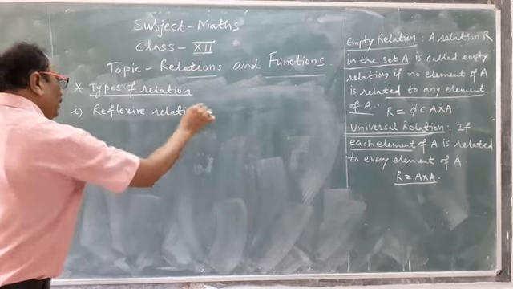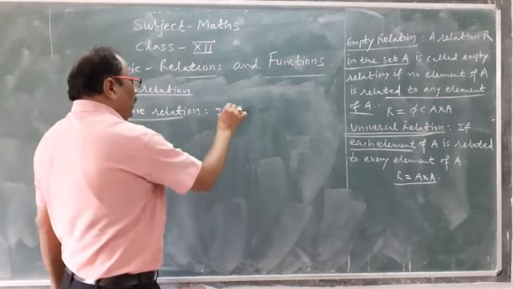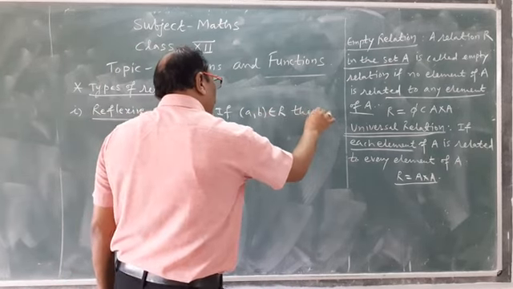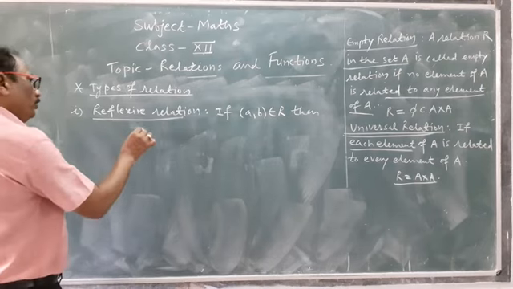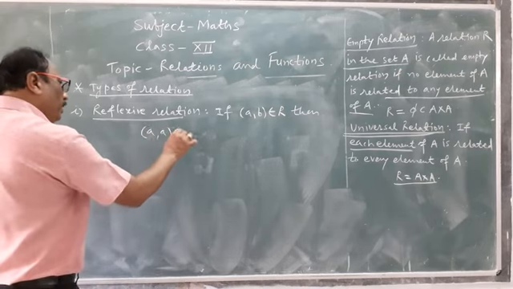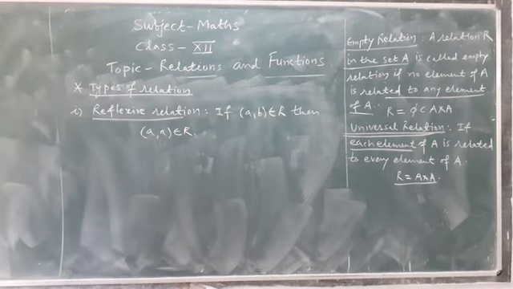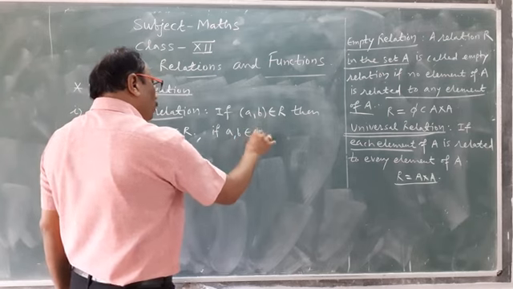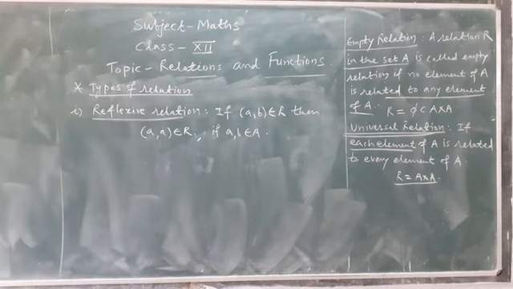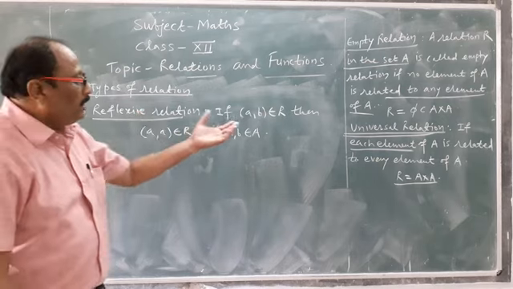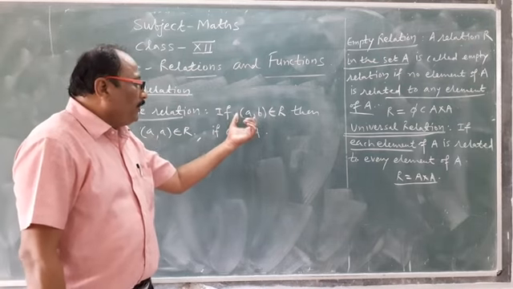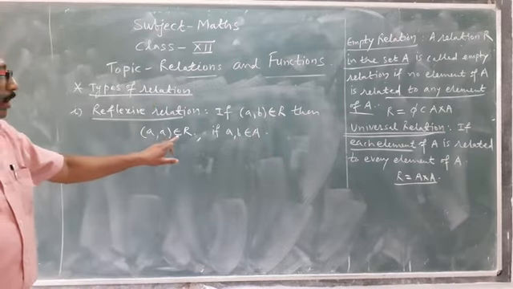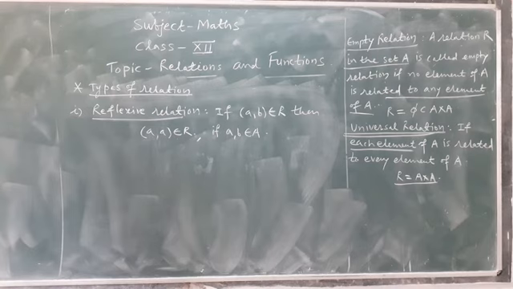Reflexive relation means if (a, b) belongs to R, then (a, a) also belongs to R, where a, b belong to A. Reflexive relation means a relation in which, if the ordered pair (a, b) belongs to R, then the ordered pair (a, a) also belongs to R. It is a reflexive relation.